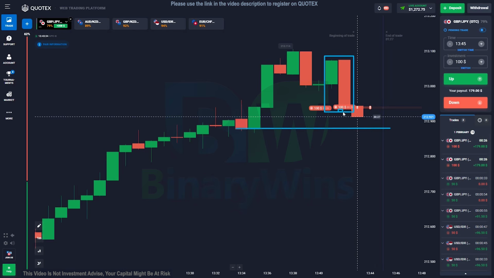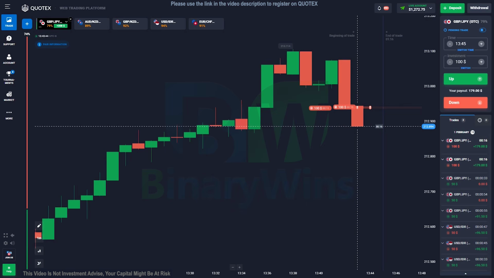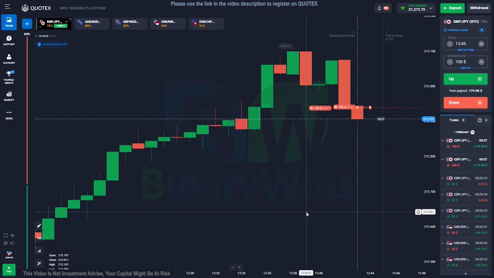It is possible that it will fill this gap and then after hitting the level, it may start moving up again. I entered two lower trades with a higher figure to compensate for the previous positions.